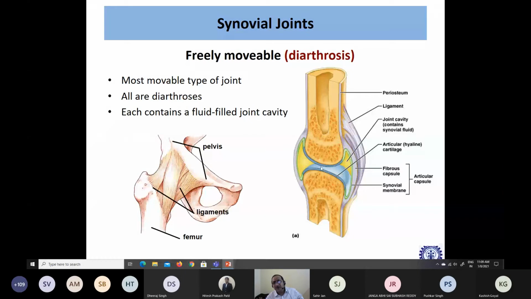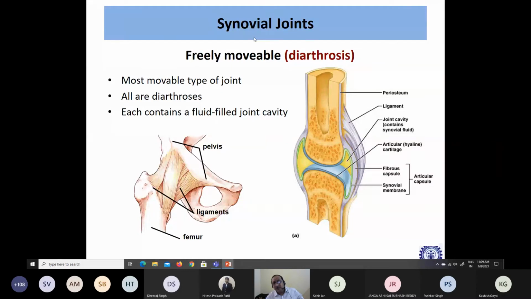You can see typically an example of two bones. Say, for example, it's just an arbitrary sketch of a joint where you have two bones meeting, and then this joint is held together by ligaments, and at this location, at the joint location, articular zone, there is a joint capsule or joint cavity, and you can see it contains a fluid which is known as the synovial fluid.